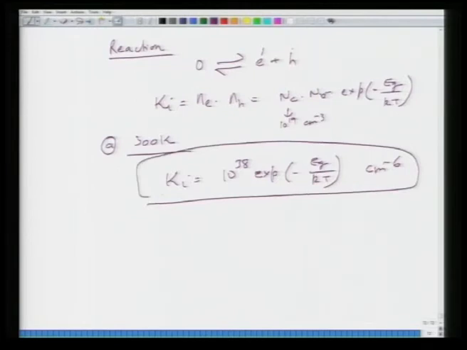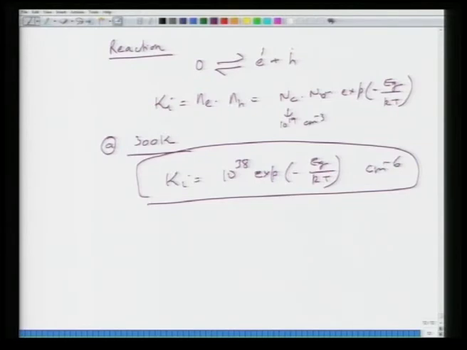This is how you can determine the values of Ki for intrinsic ionization.